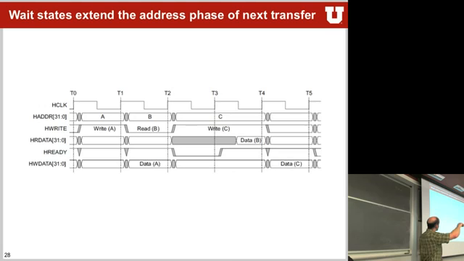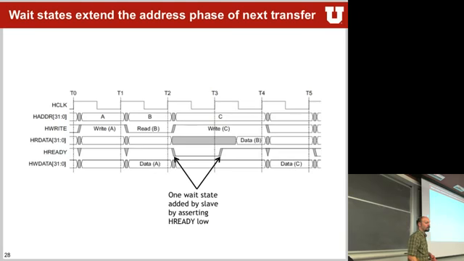And then in the next phase, we can do a read from B. But the data from this write is not available until the next clock tick, while the address is already set up for the next transfer. So you can see this is staggered. We have address, data for B. In this case, it's actually up here. Why is it back here? Because we had a wait state inserted in here.